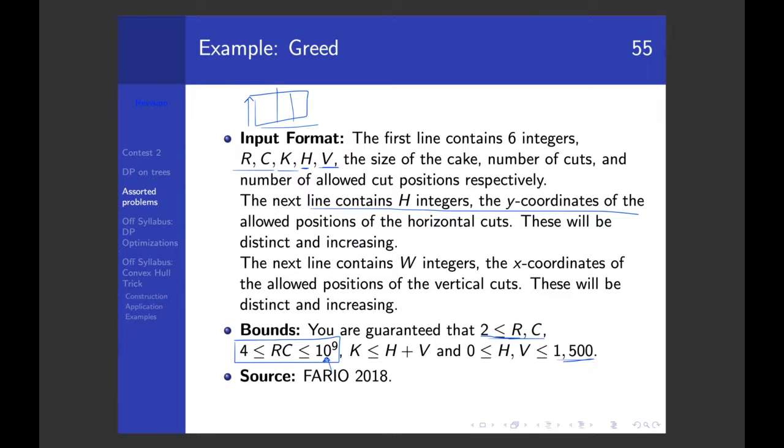And the number of cuts you have to perform is at most the number of allowed cuts, because obviously you can't perform more cuts than you're allowed to make. This guarantee just makes the problem like insane. But the important bound is this one here. They're up to 1,500 of each of the two allowed cuts. The source is Fario.